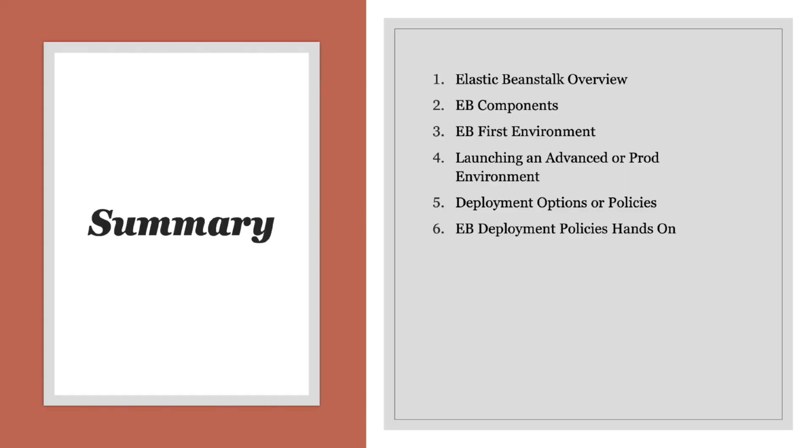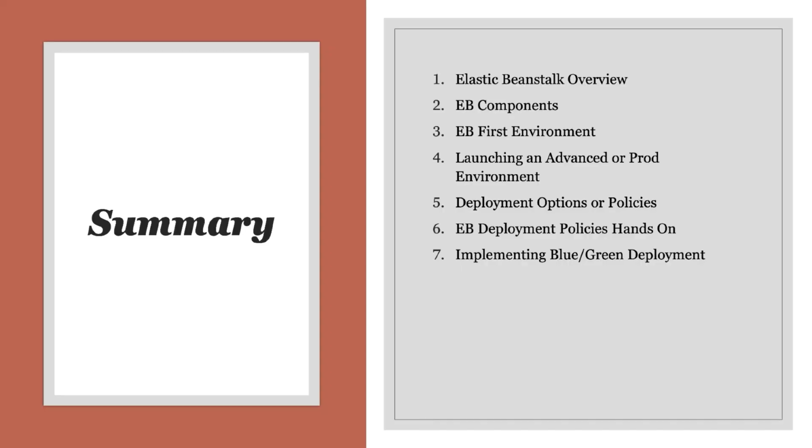Then we had the EB deployment policies hands-on. In this deployment policy hands-on, we implemented the immutable deployment policy to update our application version. Then we covered implementing blue-green deployment, and we saw how you implement that.